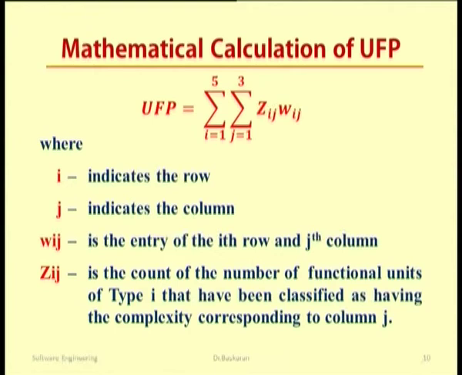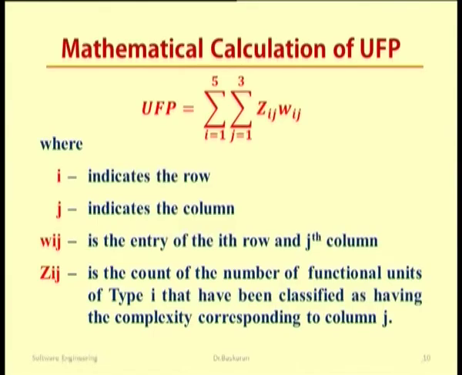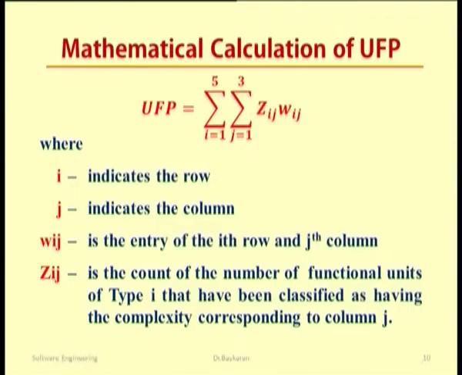This z is the value fed by the customer in concurrence with the developer. Those complexity values are the z values. In zij, i is for the functional units and j is for the complexity adjustment values. As said here, i indicates the row and j indicates the column.